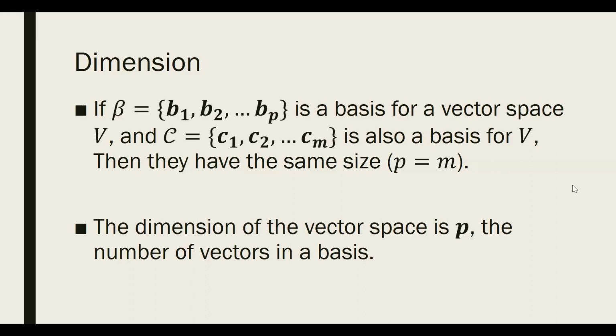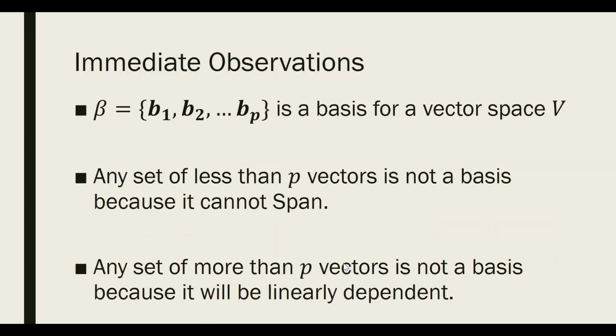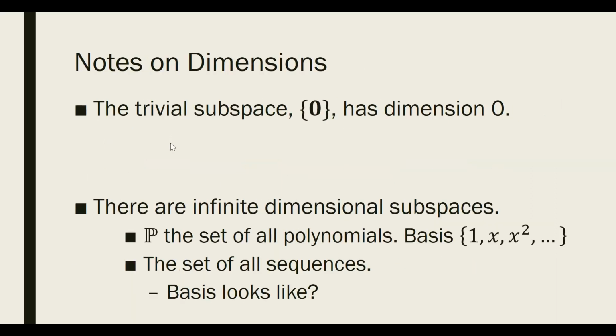We say the dimension of a vector space is the number of vectors in a basis. That is true for all except for the trivial subspace. The trivial subspace we've seen before has only the zero vector, and we say it has dimension 0. There are no vectors in a basis here.